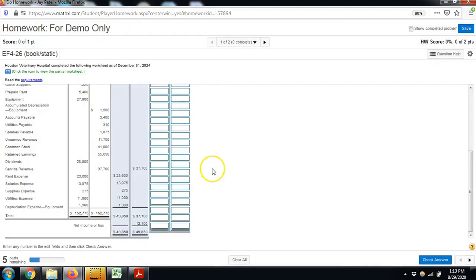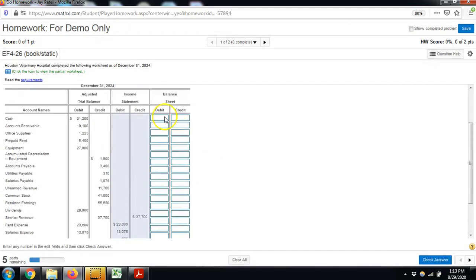Okay, so now it's asking us to do the balance sheet portion, and we're just going to take all these top accounts and transfer them over just like we did with the income statement. Again, we're being careful to put the debits with the debits and the credits in the credit column.